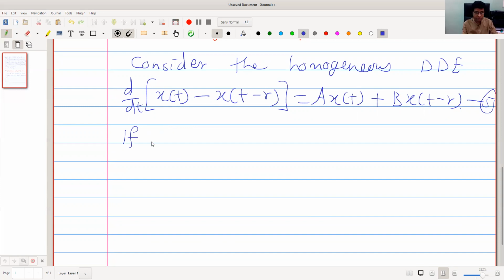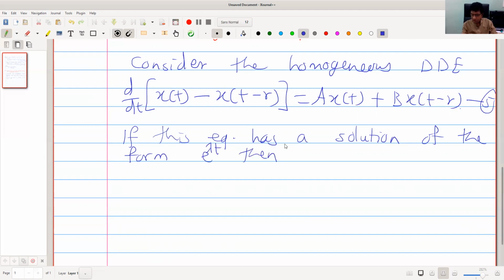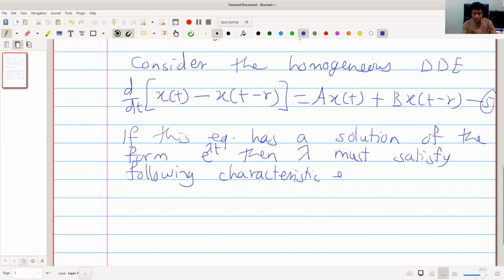If this equation has a solution of the form e raised to lambda t, then lambda must satisfy the following characteristic equation.